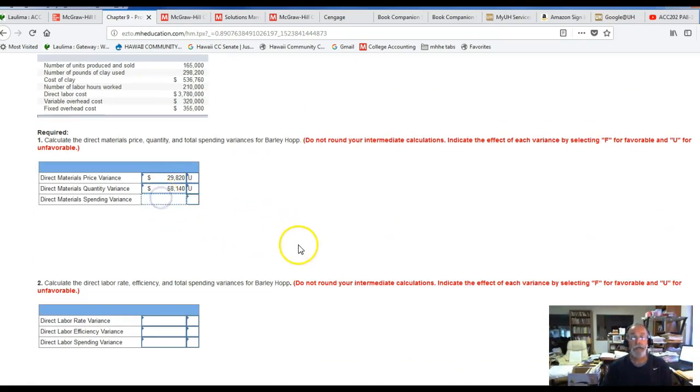Okay. And then when we put these two together, if we go back to Exhibit 9.6, the combination of our price variance and our quantity variance gives us our spending variance. In this case, they are both unfavorable, so we would add them together, 29,820 plus 58,140. Let's do that on our spreadsheet.